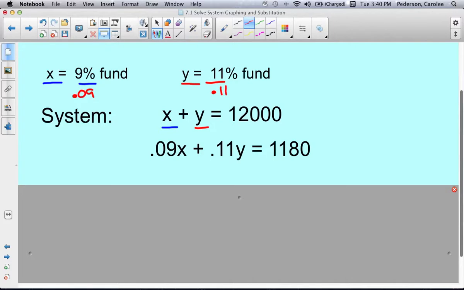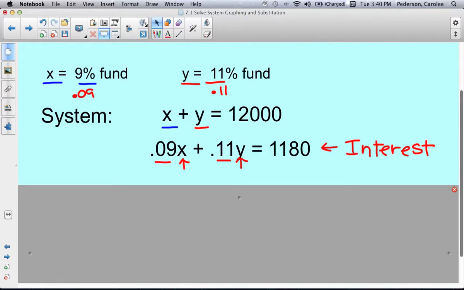So we have 0.09 times so much of the 9% fund, and then 0.11 times so much of the 11% fund, and that total is going to add up to your interest of $1,180. So this is your interest equation, and this is the amount that you are investing in each fund.